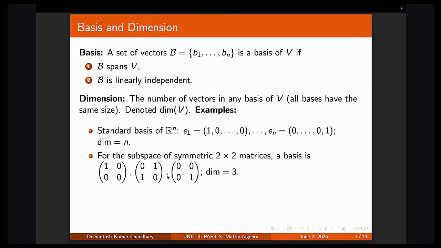You will get C1 equals C2 equals C3 equals 0. So they are linearly independent. And then you take the span of this. It will generate all elements of this vector space, symmetric 2 cross 2 matrices. So these vectors are linearly independent as well as a spanning set, and that's why these three vectors will form a basis, and the dimension of that vector space will be 3.